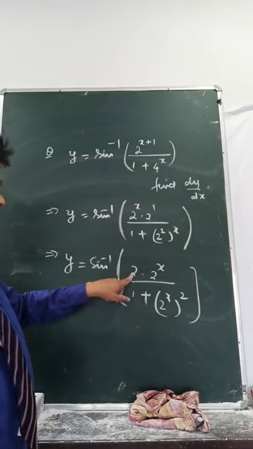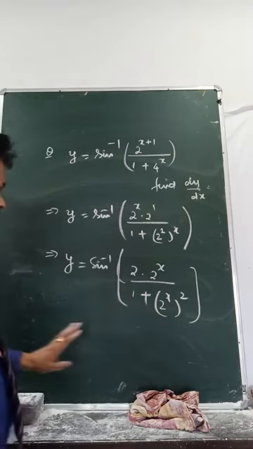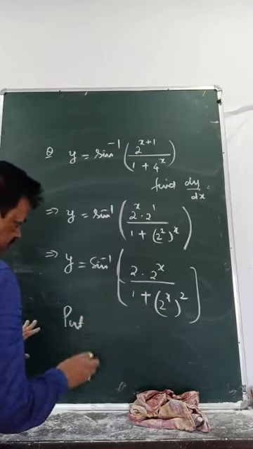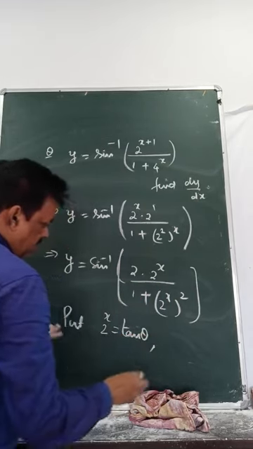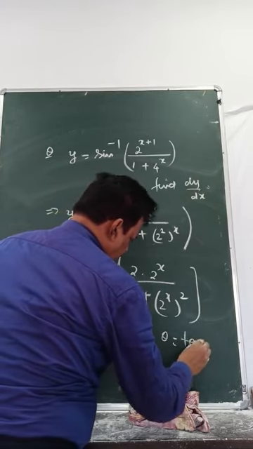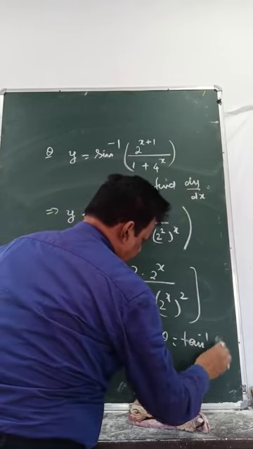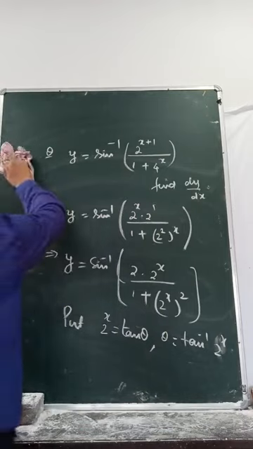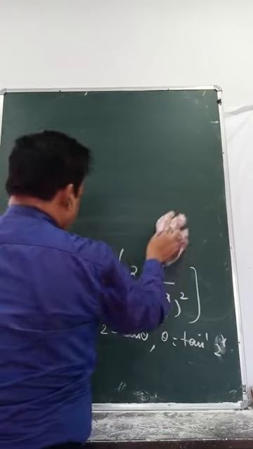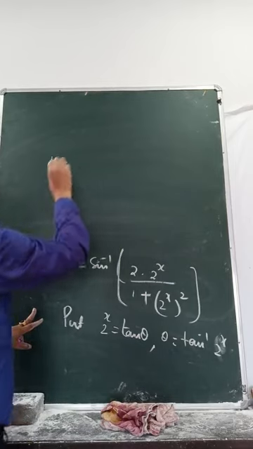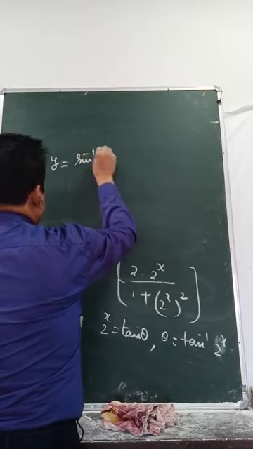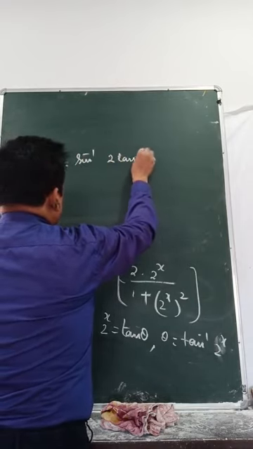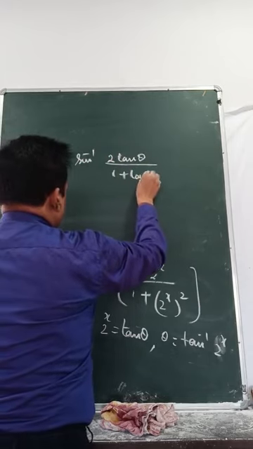Now it is similar to 2 tan theta by 1 plus tan square theta. If I put 2 to the power x equals tan theta, so theta equals tan inverse 2 to the power x. So your y will now be sin inverse 2 tan theta by 1 plus tan square theta.